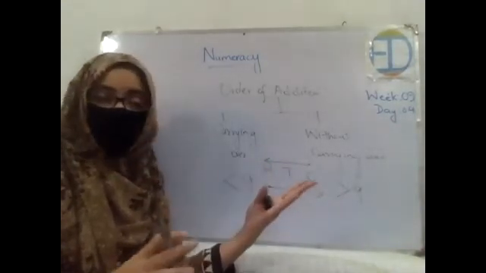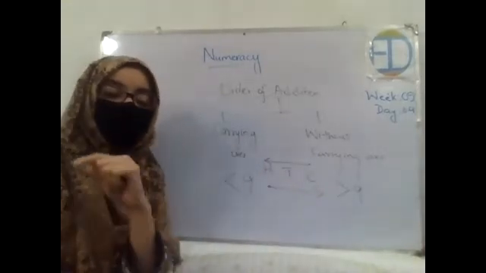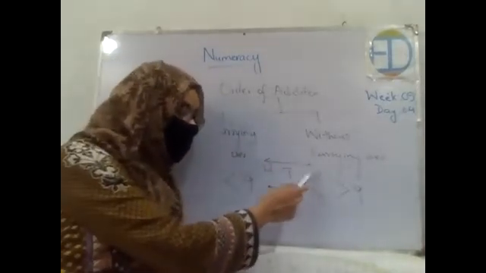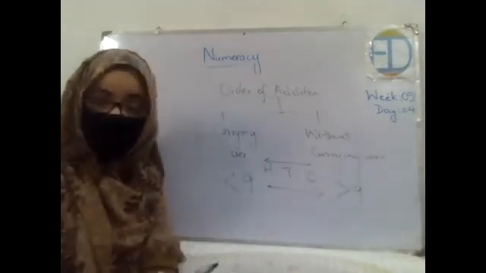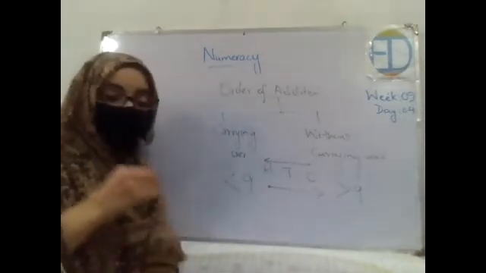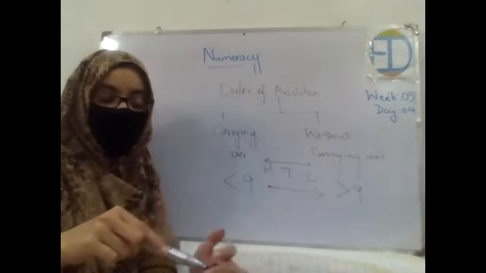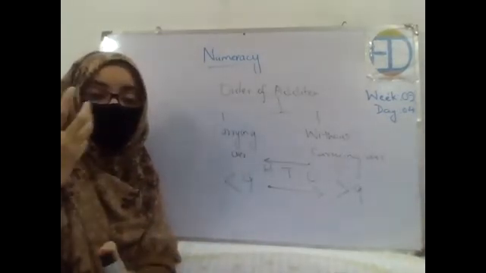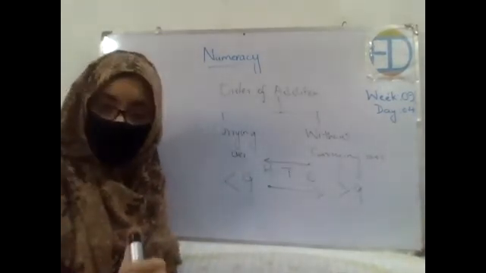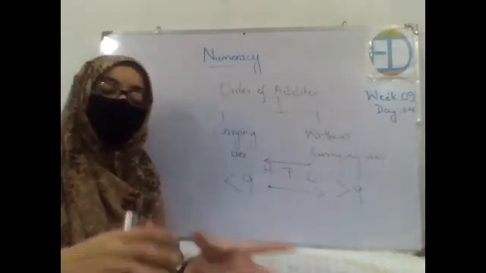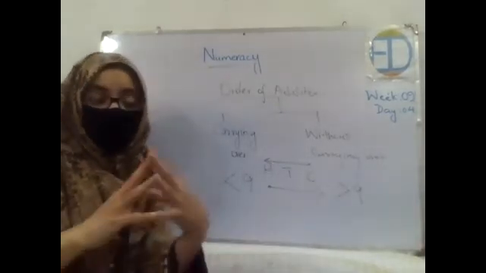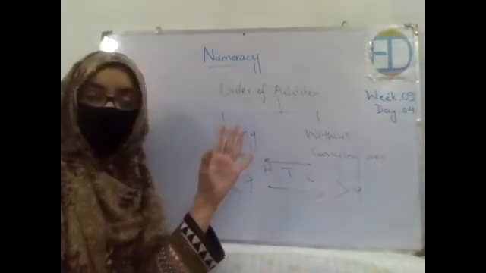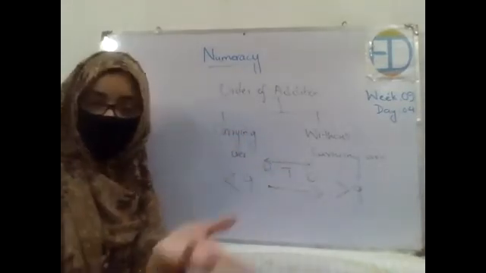There are some questions for which the answers are the same even if you start solving from this side or this side. It doesn't matter, right? But the confusion is that at your level you might get confused about which questions those are, because when you look at the question you cannot say whether it will be solved with or without carrying over, right?